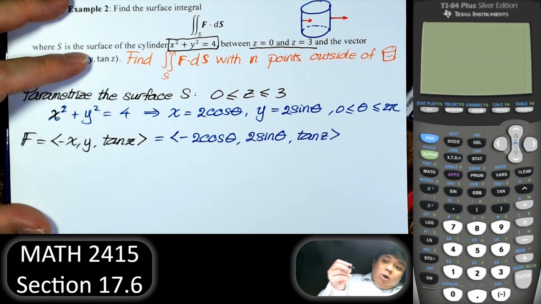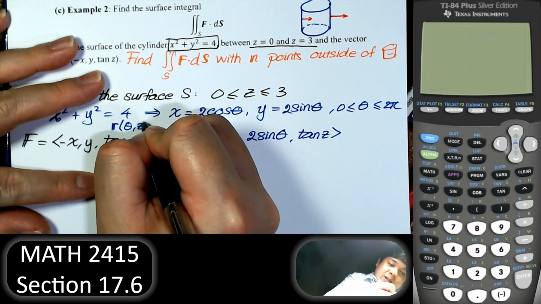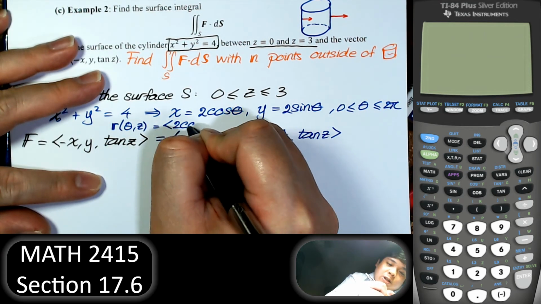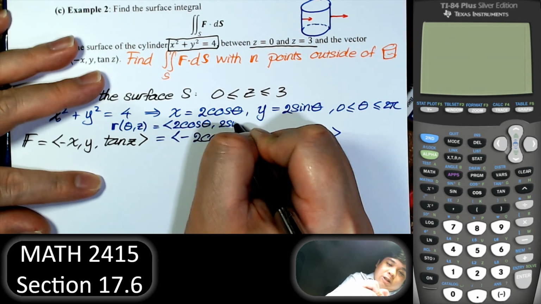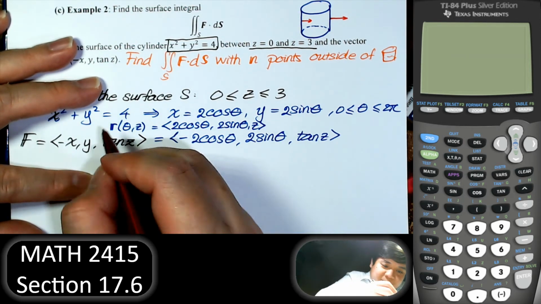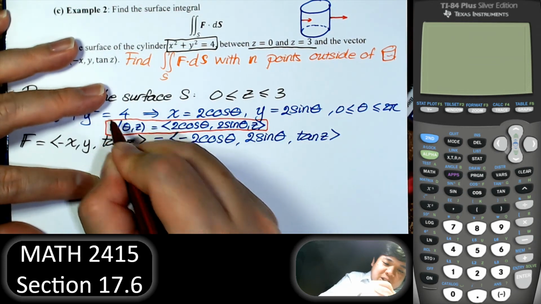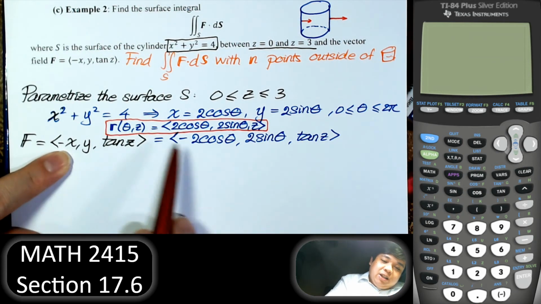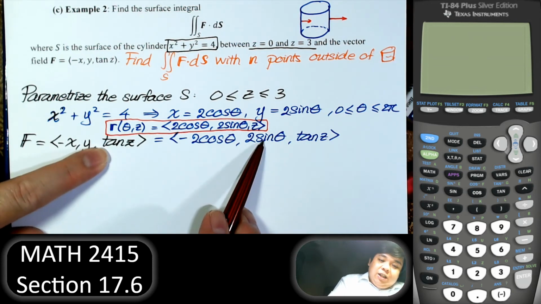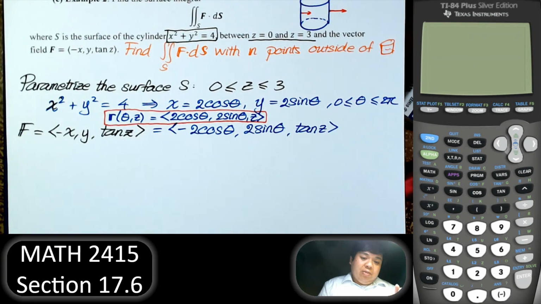Sorry, I should have written the parameters theta and z. Yeah, sorry. And we use these parameters. So negative x, y, tangent z. So it's good. We have parameterized the vector field, in this case in terms of x, y, z, those parameters.